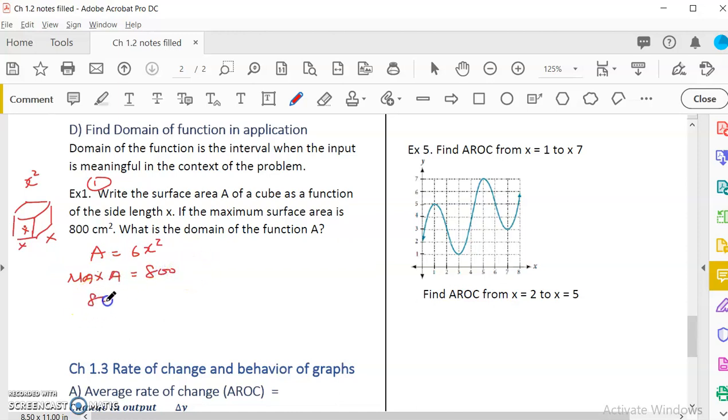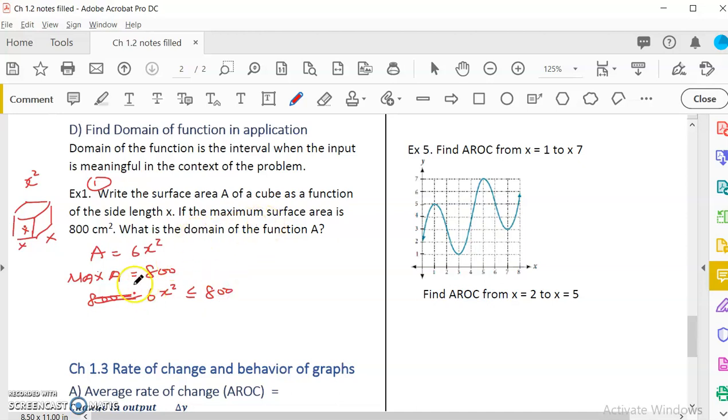So what is the maximum x? 6x squared is less than or equal to 800.